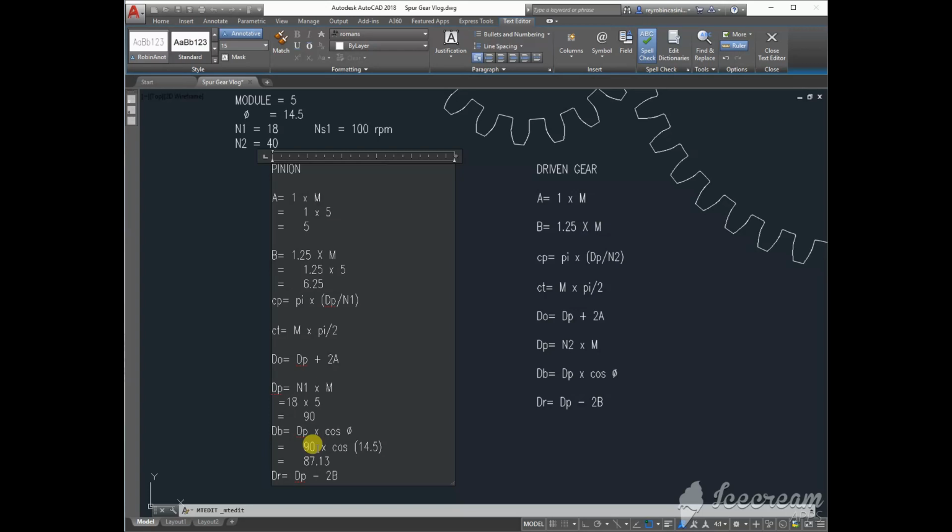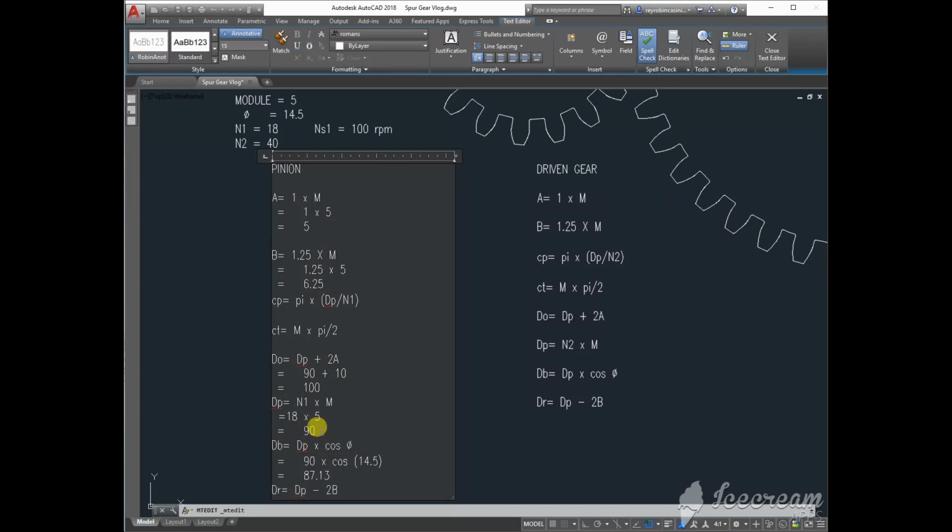Now we also solve for the outer diameter, which is equal to the pitch diameter plus twice the addendum, which is 10, and this will be equal to 100.